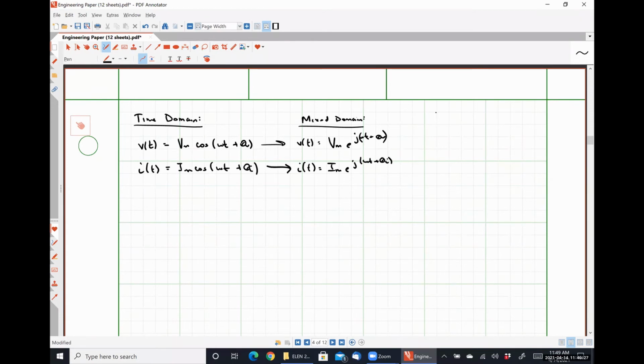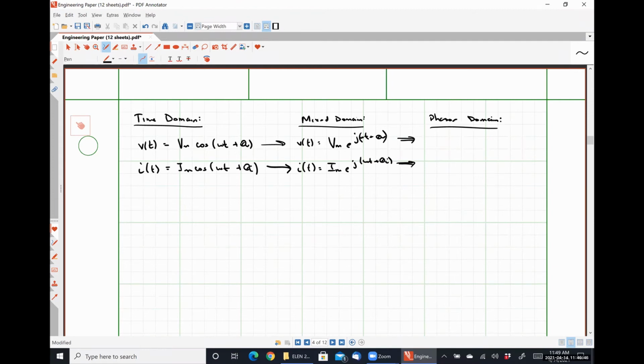The phasor or frequency domain is simply our mixed domain representation, but we suppress our frequency term, okay?